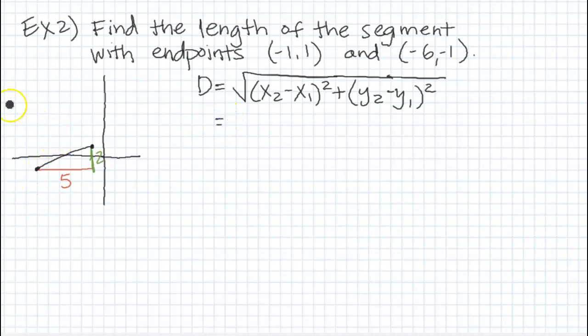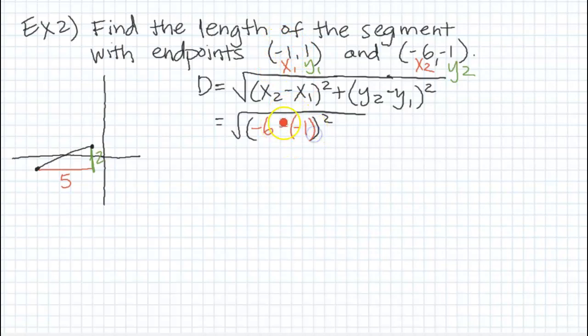All right, time to label my points. This is my x1 and x2, and my y1, y2, into the formula. So x2 is -6 minus x1 is -1.